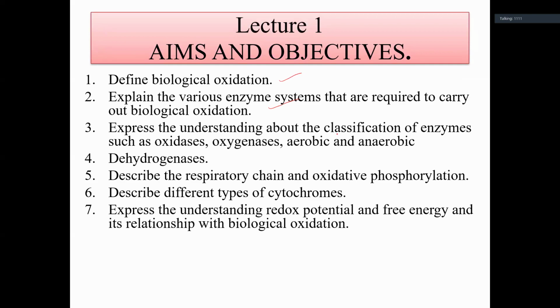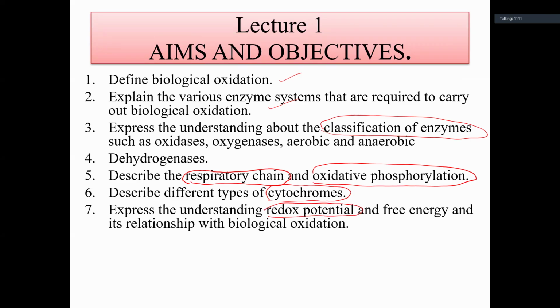We will express our understanding of the classification of the enzymes involved, like oxidases, oxygenases, dehydrogenases. We will describe the respiratory chain and oxidative phosphorylation, the process. We will describe the different types of the cytochromes. And then we will see what is redox potential and how ATP is generated. So these will be our objectives.